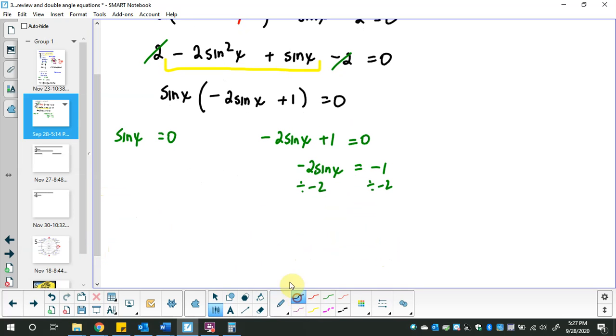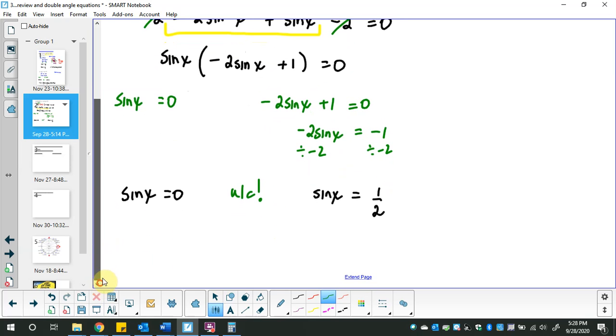And we end up with sine x is equal to 0 and sine x is equal to negative 1 over negative 2, which is positive 1 over positive 2. And I'm pretty excited right now, whether you can tell in my voice or not. These are both unit circle measurements. There, that's exciting. So I don't have to dig out the cast rule.